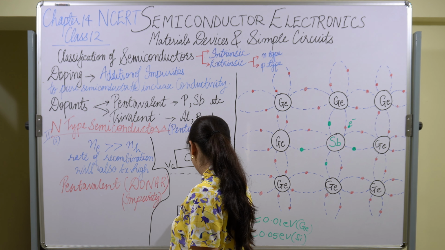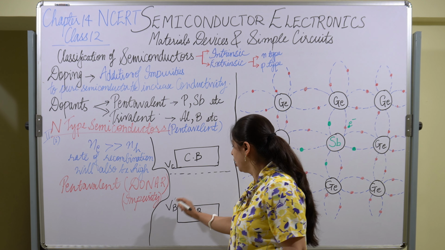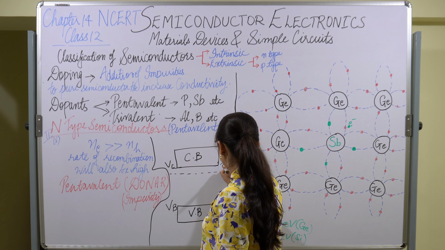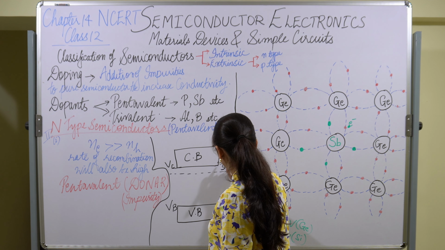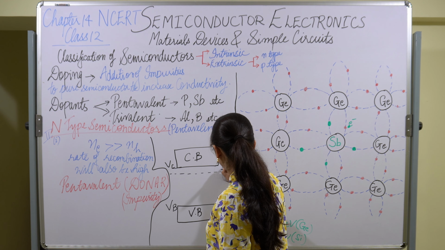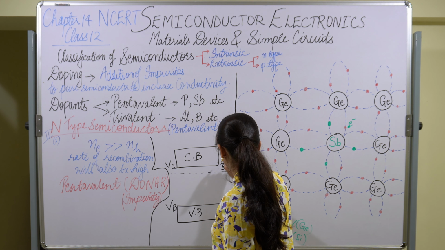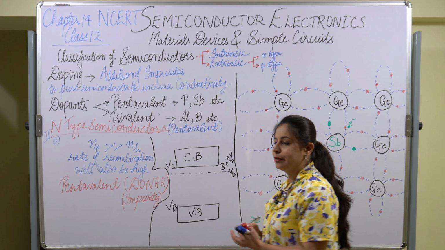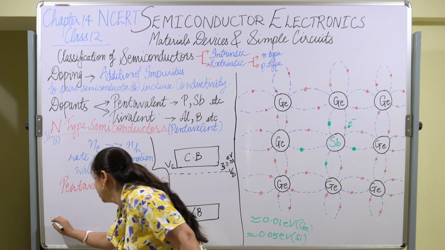This is the valence band, VB, and this is VD, 0.01 electron volts. VD is nothing but the donor energy level.